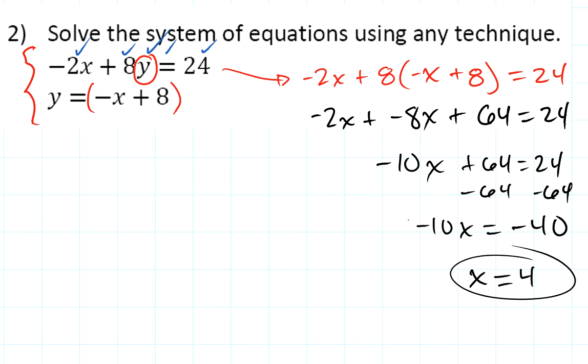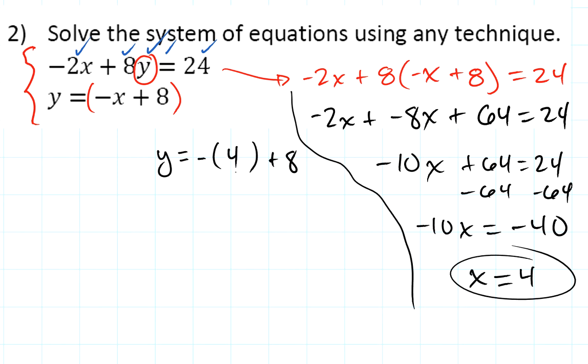I'm going to use the second equation to figure out what y is. According to the second equation, y should be equivalent to the opposite of x, with parentheses, plus 8. I'm going to plug into those parentheses the value of x that I found.